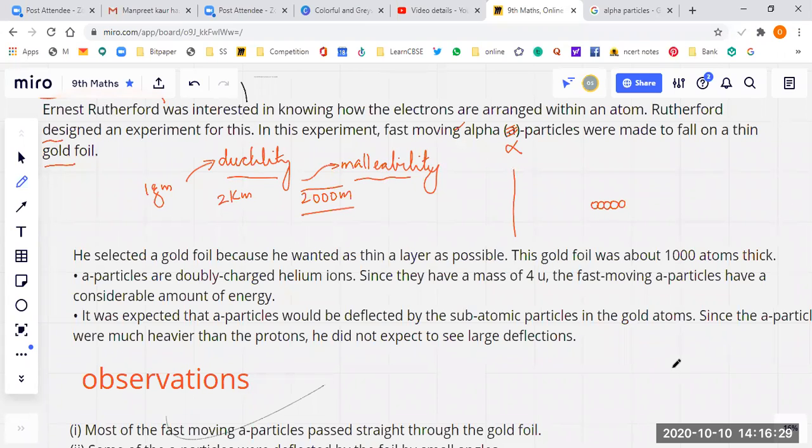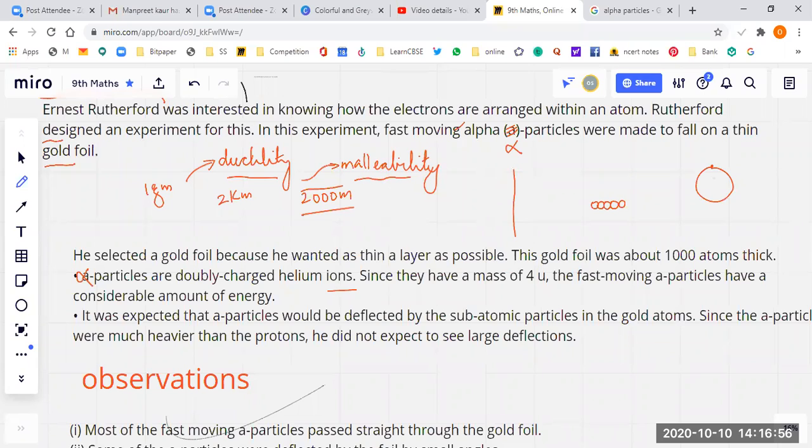Now he's talking about alpha particles. Alpha particles are doubly charged helium ions. What is the meaning of ion, students? Let's say we talk about some element which has one electron in the outermost orbit.